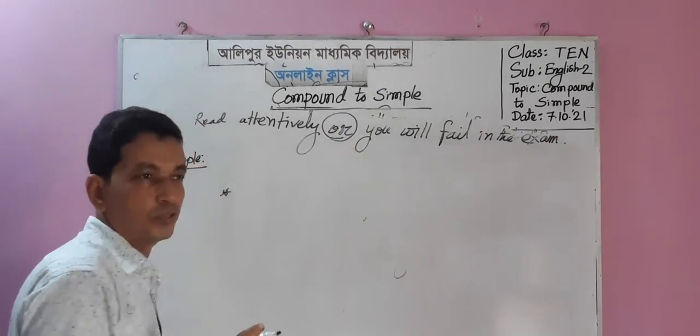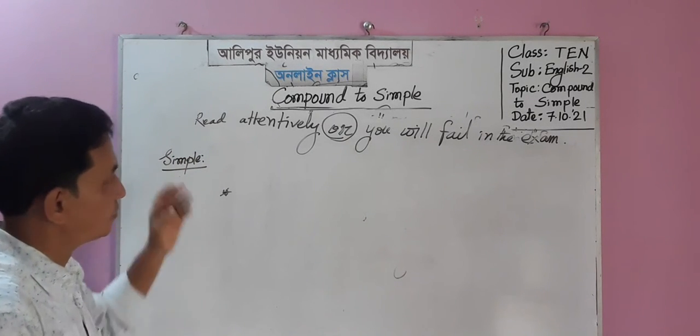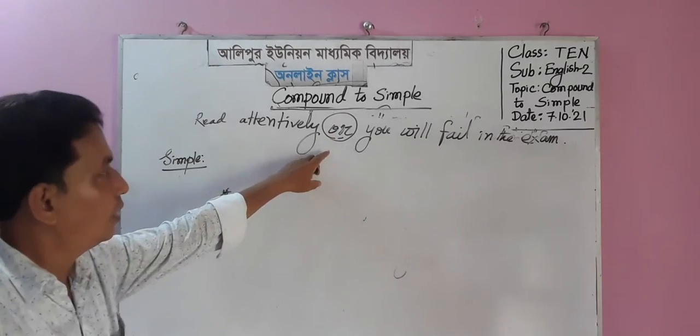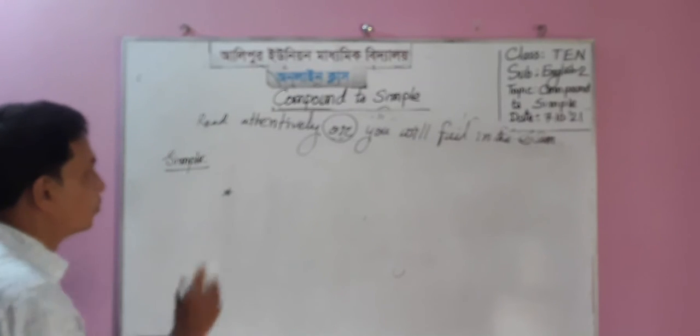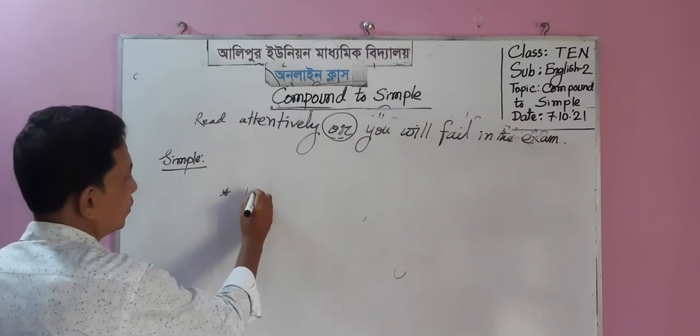While we used "and" in the previous sentence, here we have to use "or" between the two clauses. In this case, we have to write "without".